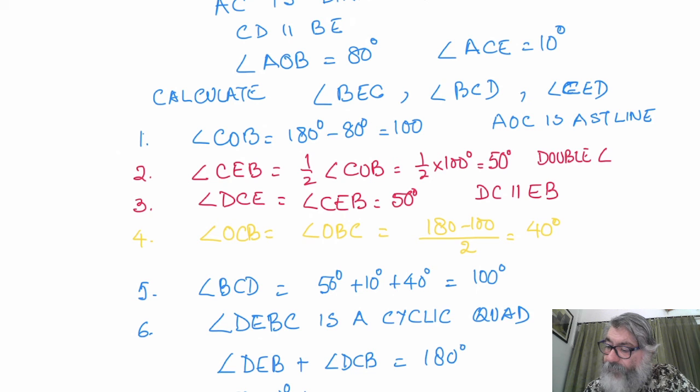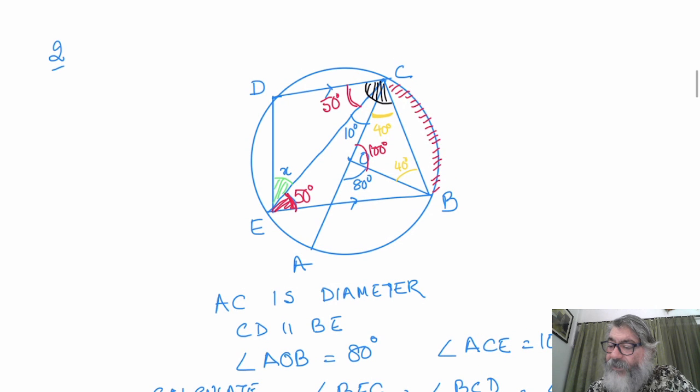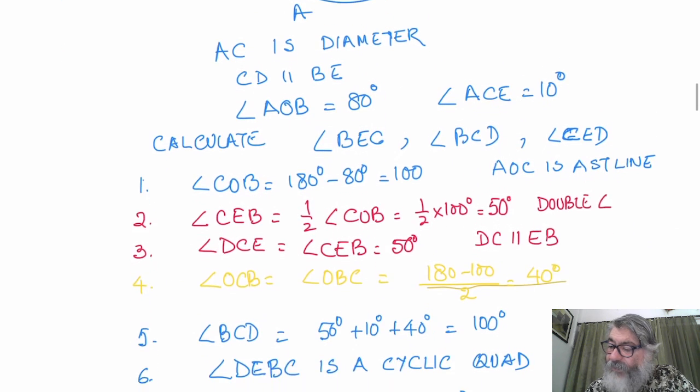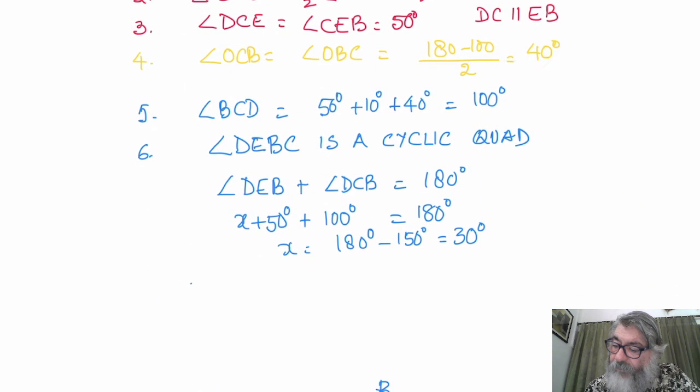So X plus 50 plus 100 is equal to 180 degrees. So the value of X will be 180 degrees minus 150 degrees, so it will be 30 degrees. The value of X is 30. And what is X actually? X is DEC, or CED. So angle CED is 30 degrees.